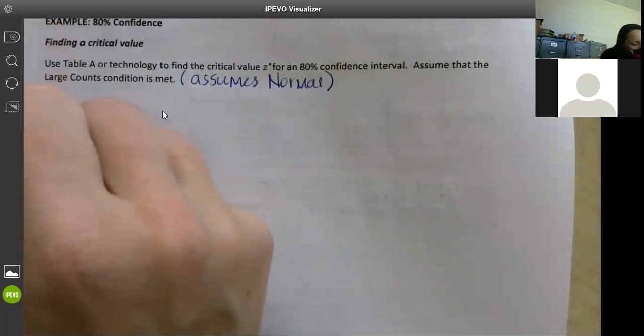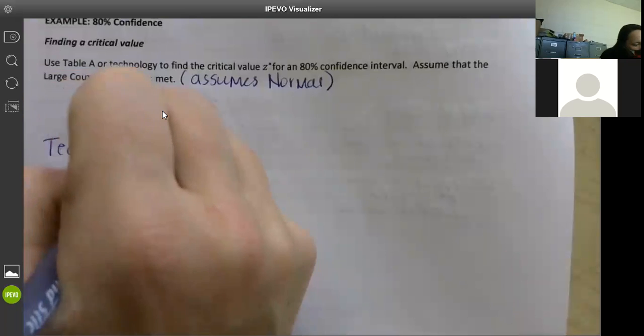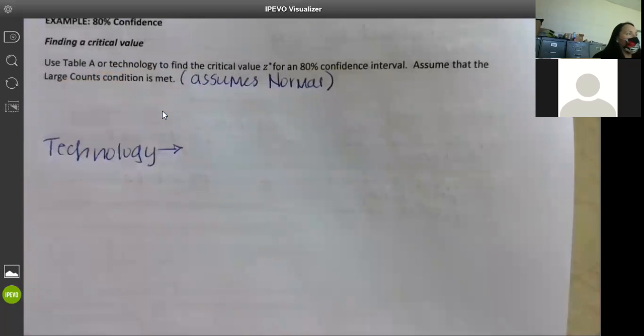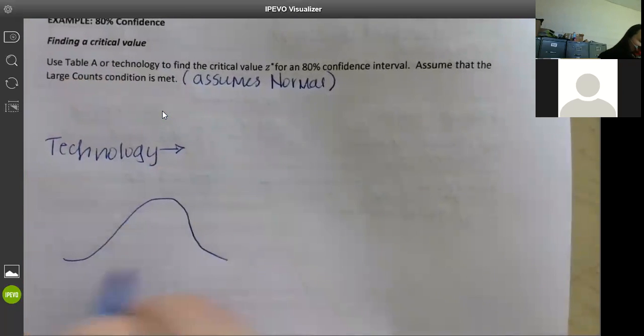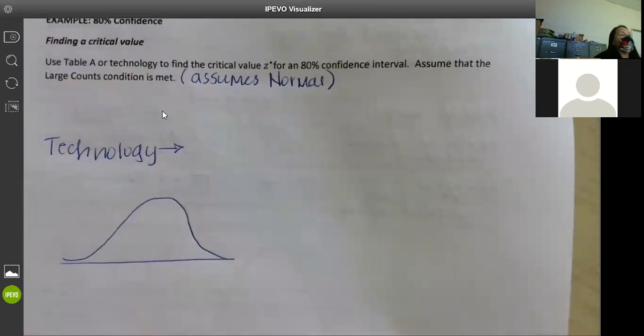All right. So I'm going to show you technology. We've already done this before. Okay. When we draw this curve, we want it for 80%.